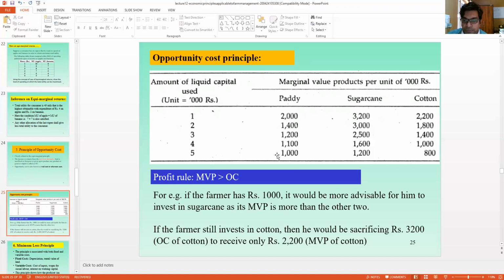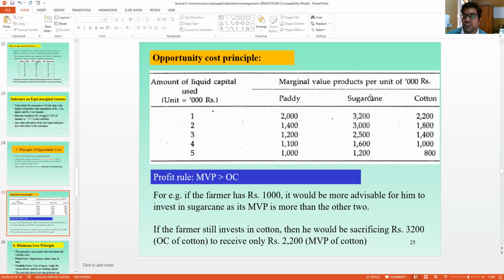Now you see here, 1,100, 1,600 and then 1,000, right? Here the farmer should use this capital only in sugarcane, because sugarcane is giving more MVP, and on the other hand, the opportunity cost of sugarcane is also less. What is opportunity cost? Returns sacrificed or returns foregone of the next best alternatives.